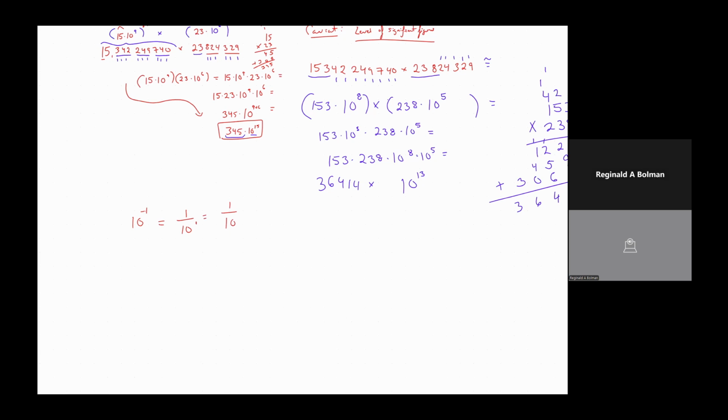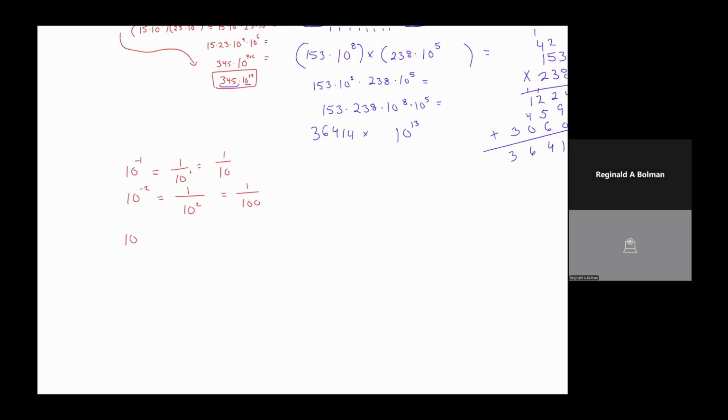Okay? If we're talking about, say, hundredths of an inch, that's the same thing as 10 to the negative 2 inches. If we're talking about thousandths of an inch, measuring something to a thousandth of an inch of accuracy, so really, really precision-bearing applications, that's the same thing as 10 raised to the negative 3.